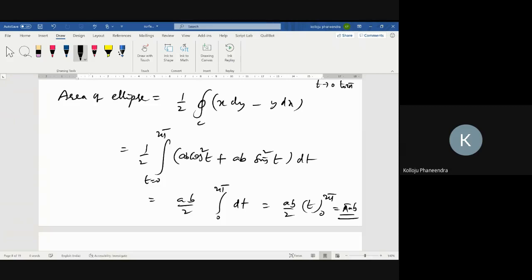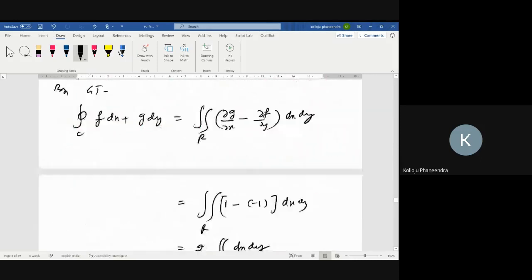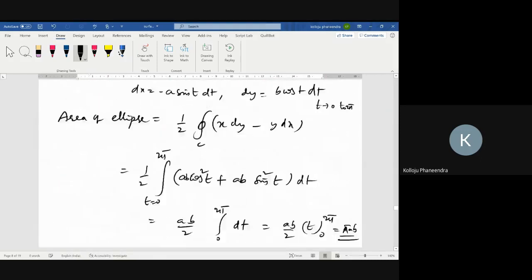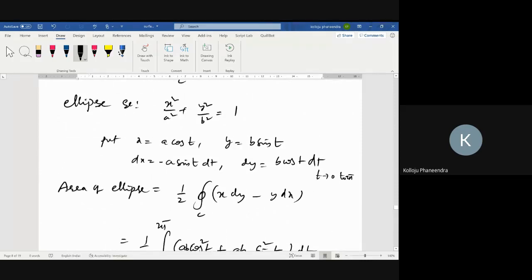Okay, with this I will stop. Any doubts? Green's theorem is finished, and practice these problems. Definitely one problem will come from Green's theorem in the annual examination.